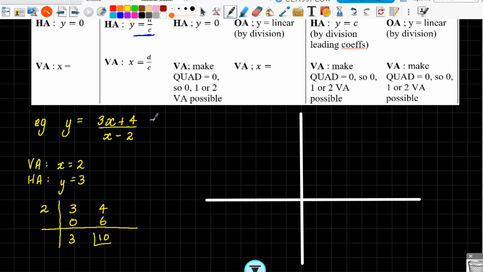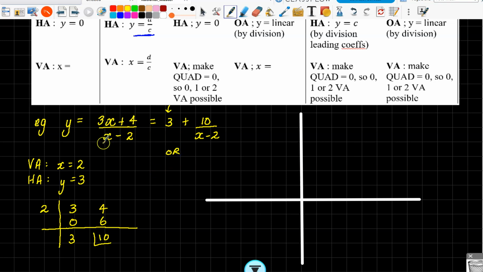So this can also be written as 3 plus 10 over x take 2. Of course they've put it in that form because there's your horizontal asymptote.